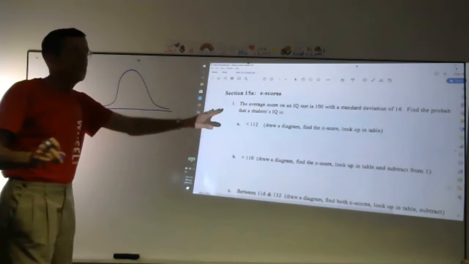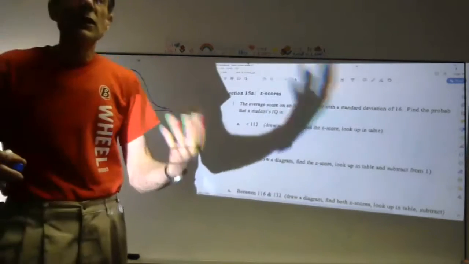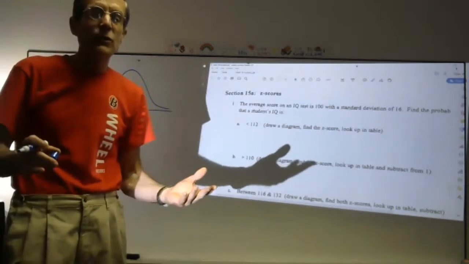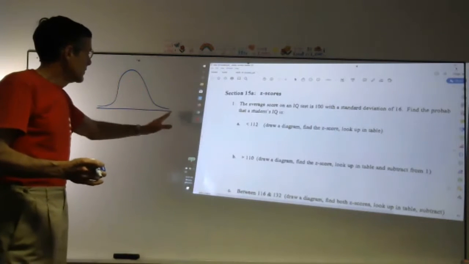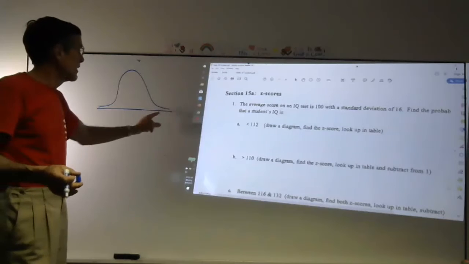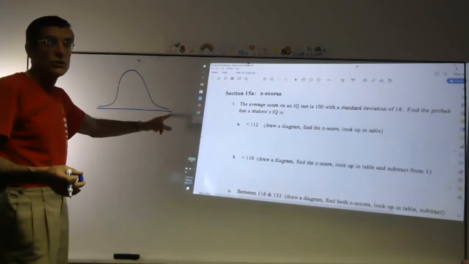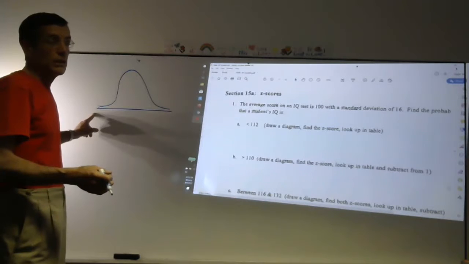But whether you're talking IQ or shoe size or their weight or the number of TVs that are in each household or the number of kids per family, you're going to have some that are many standard deviations above the mean. You're going to have standard deviations that are below the mean, okay?